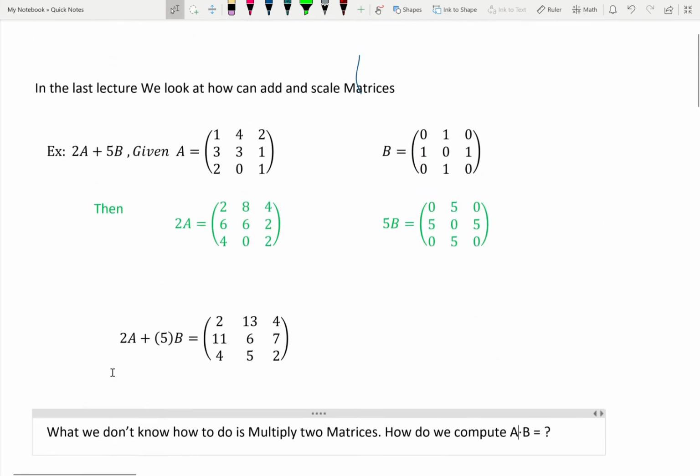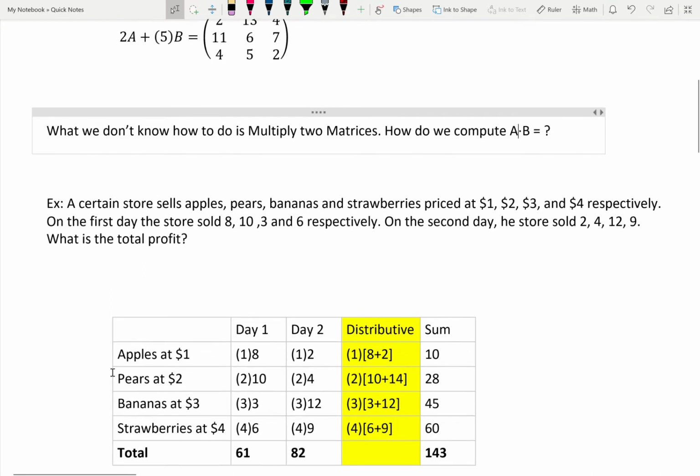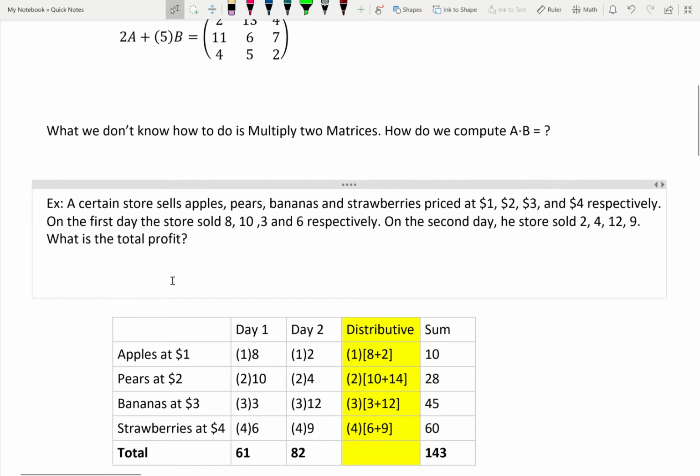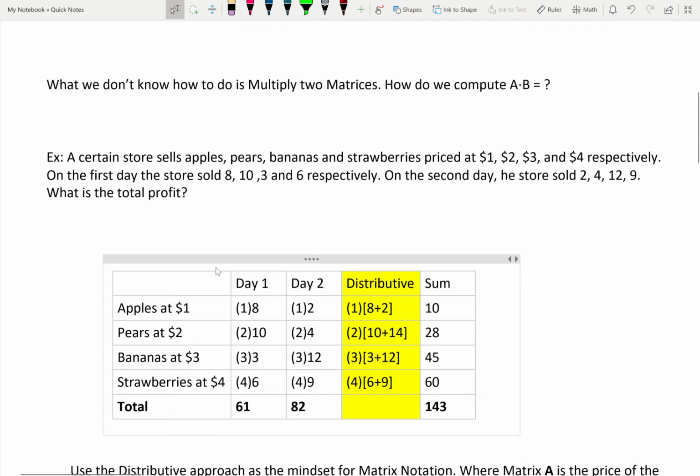So an easy way to compute this is to make a little t-chart, right? In my rows, I have each fruit and what they're all priced at. And in my columns, I have how much was sold on each individual day. I think you know how to read a chart.